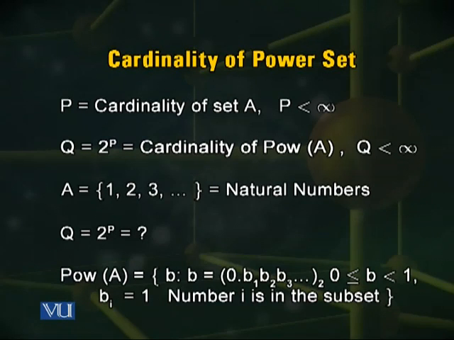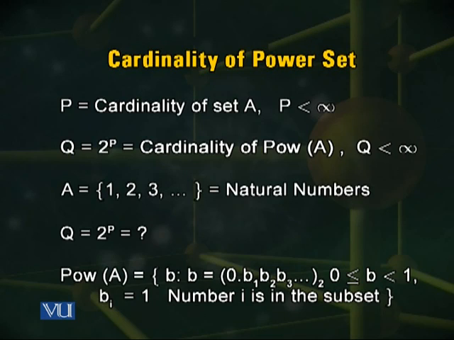So I hope you can see that this collection of 0 point B1, B2, B3 sequences is uncountably infinite because it represents every possible number between 0 and 1. It represents the interval between 0 and 1, with 0 included in the interval and 1 not.